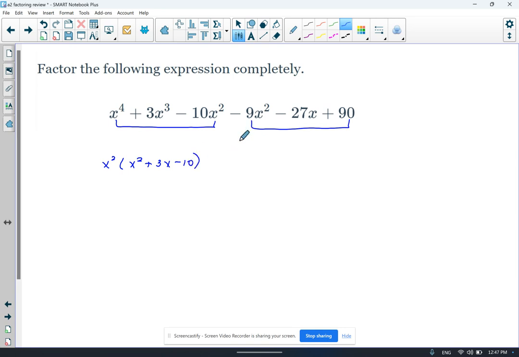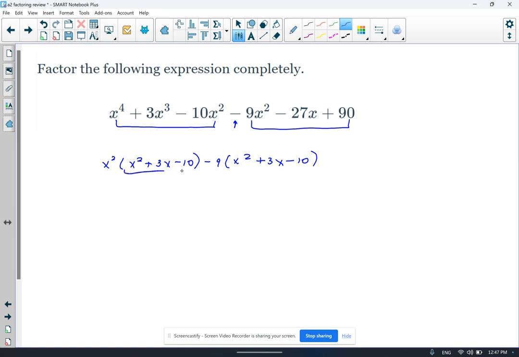And now let's look at the second triple. And I notice that I don't want that negative here, so I'm going to factor it out. And I know 9 is in common to all those terms. So negative 9x squared divided by negative 9 is x squared. Negative 27x divided by negative 9 is positive 3x. 90 divided by negative 9 is minus 10.